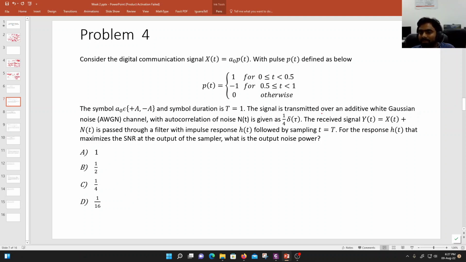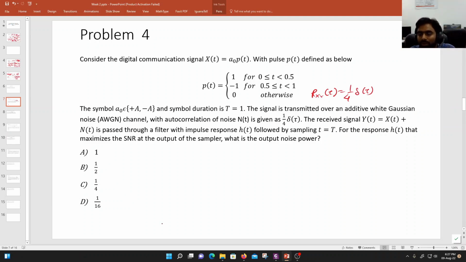The signal is transmitted over the AWGN channel with autocorrelation Rxx of tau equal to 1/4 delta of tau. The received signal y(t) is x(t) plus n(t), passed through a filter with impulse response h(t), followed by sampling at t equals capital T. For the response h(t) that maximizes the SNR, what is the output noise power?